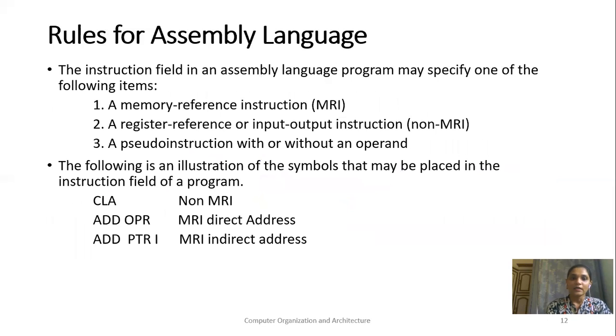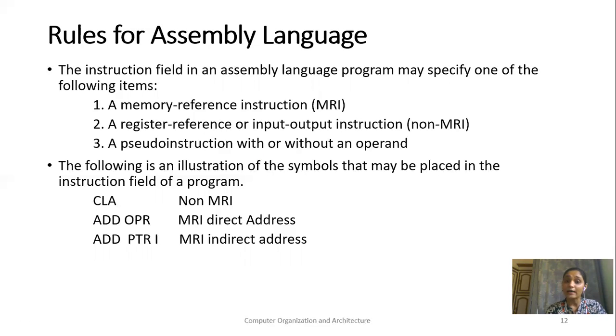How can you represent MRI, non-MRI, and direct address, indirect address instructions? Let me see with one example. CLA, that is your clear accumulator instruction, is a register reference instruction. Register reference instructions and IO reference instructions are also known as non-memory reference instructions, or non-MRI instructions. For non-MRI instructions you will just have an opcode: CLA, CMA, CLE, that is all.